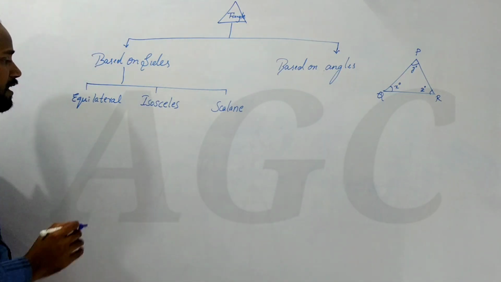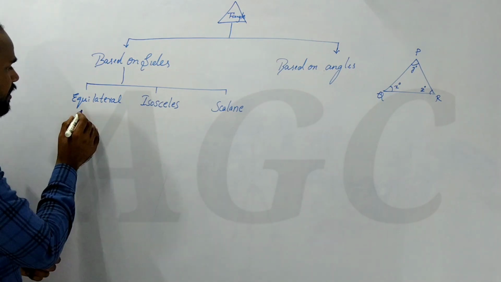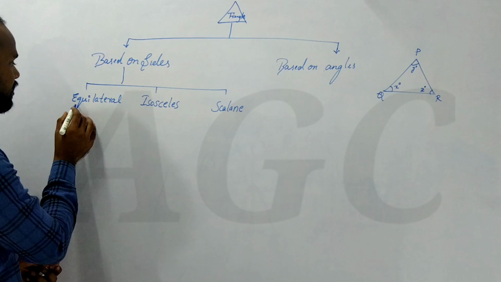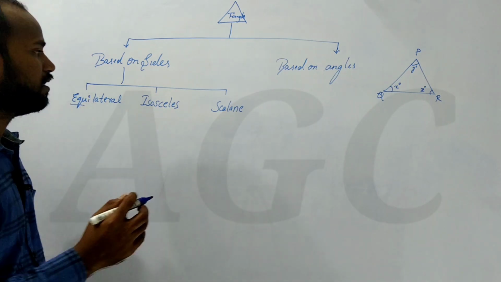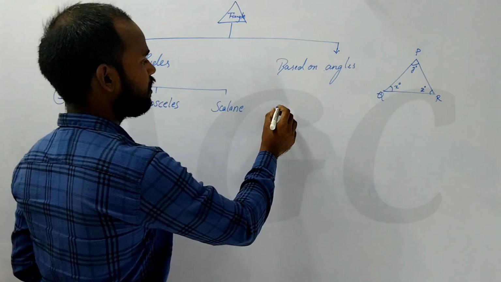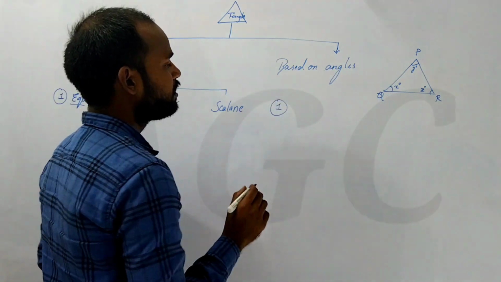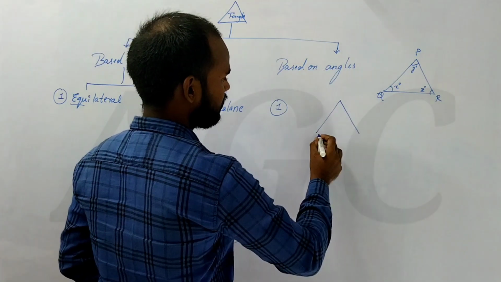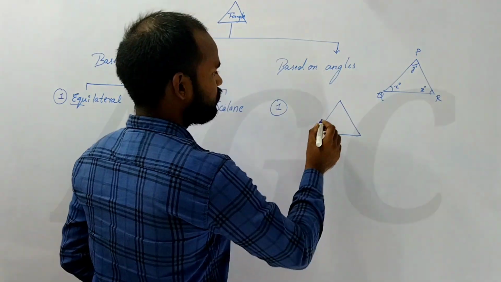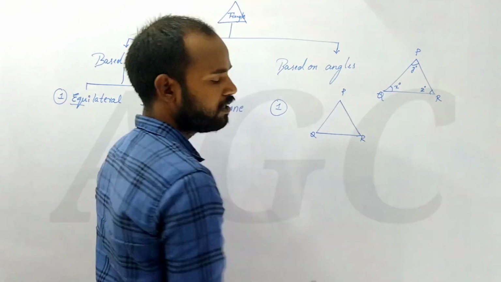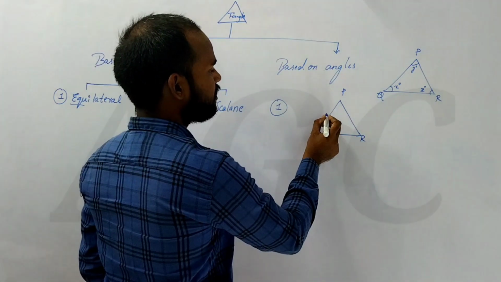So what is equilateral? In the name itself, equi means all sides should be equal. I am giving an example. I am drawing one triangle here, PQR, our same example, but all sides are equal.